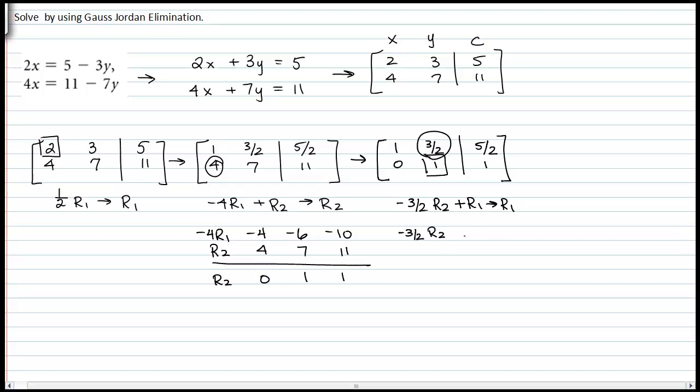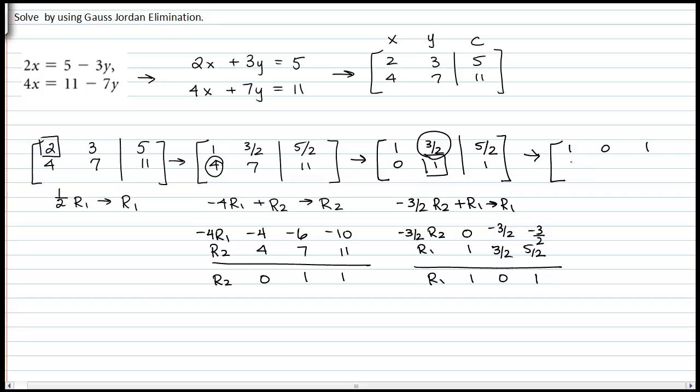So -3/2 times row 2 will give me 0, -3/2, -3/2. Add it to row 1 of 1, 3/2, and 5/2. And my new row 1 is 1, 0, and 2/2, which is 1. So row 1 is 1, 0, and 1.